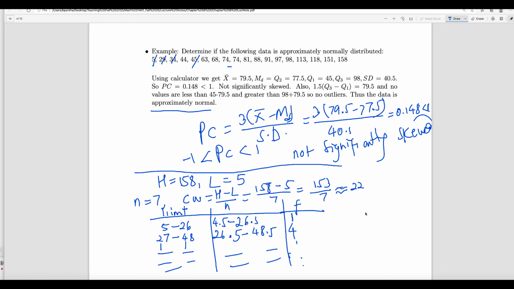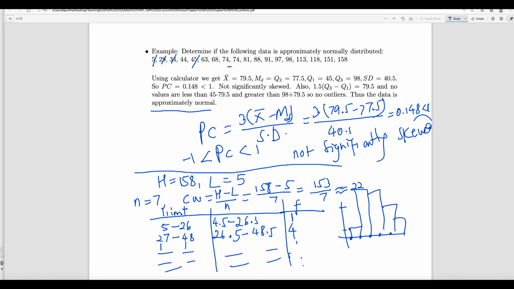Now draw the histogram. Write the class boundaries 4.5, 26.5, 48.5 and so on, and these frequencies are the heights of the rectangles. The first is 1, another is 4, and continue that way.